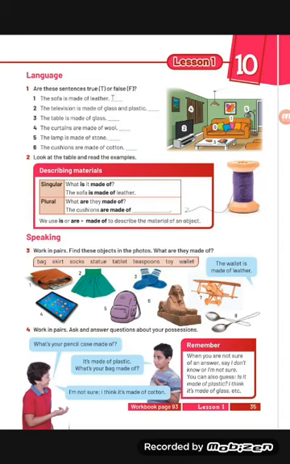But if we say, for example, the cake is made from butter, eggs, flour, water, vanilla, we mix all these together. So the final outcome is the cake. Do the components or the basic material change? Yes, they changed. So here we use made from.